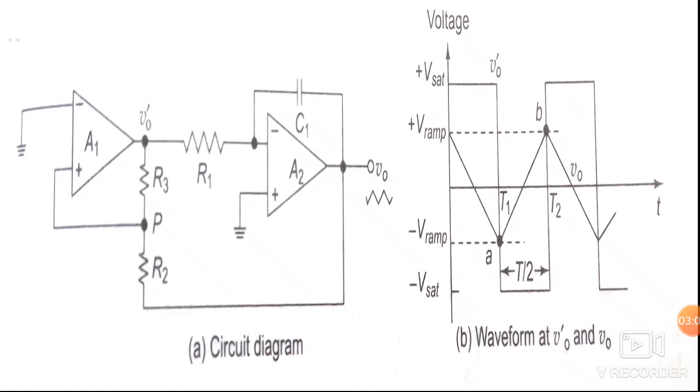So let's say at the start, at t equal to 0, the output of operational amplifier A1 is plus Vsat. We can take minus Vsat also, but I am starting from plus Vsat. So plus Vsat goes to operational amplifier A2.